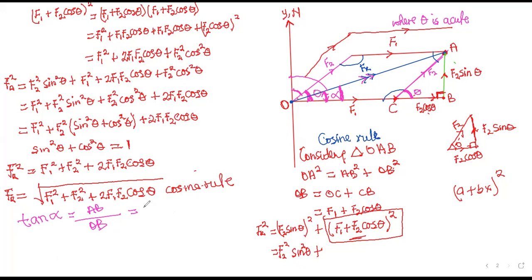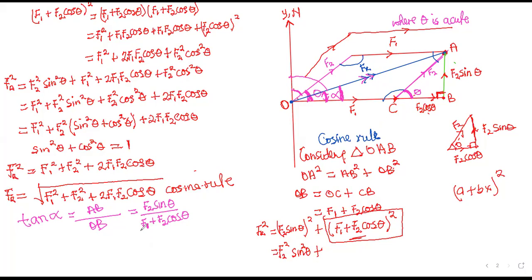AB is F2 sine theta. Then OB is F1 plus F2 cos theta. So when you take this ratio and take the tan inverse, you have the angle alpha.